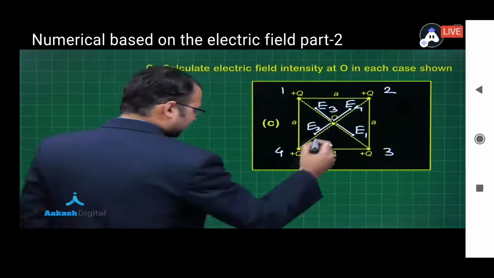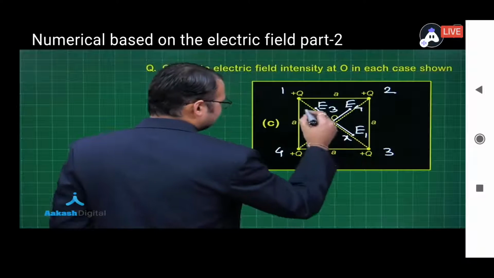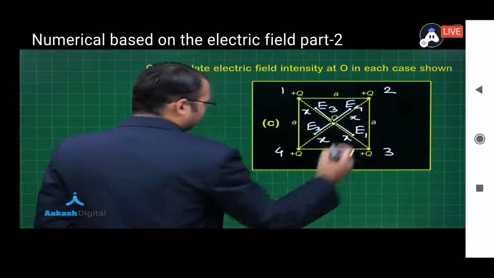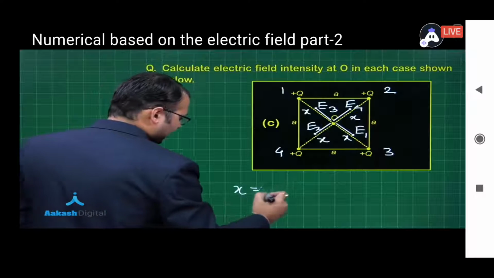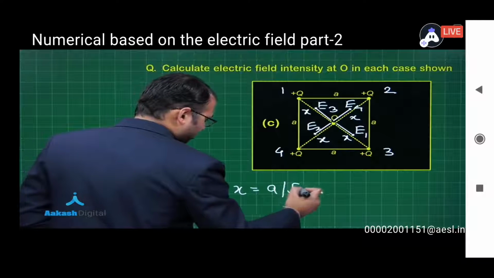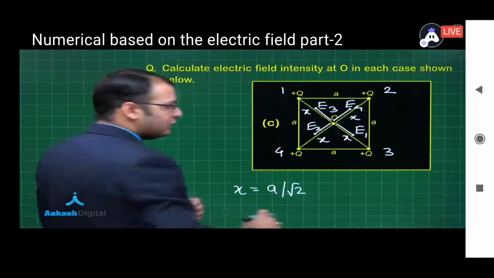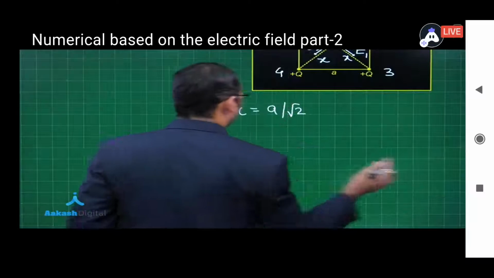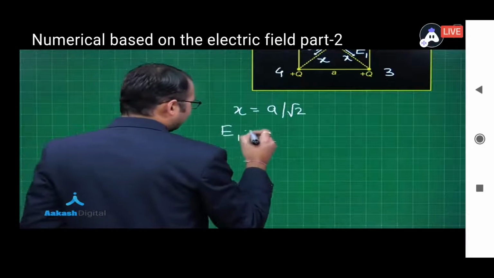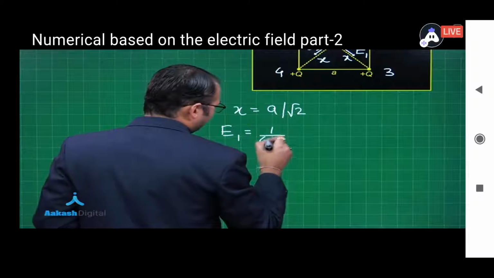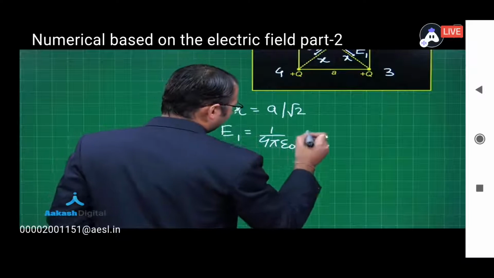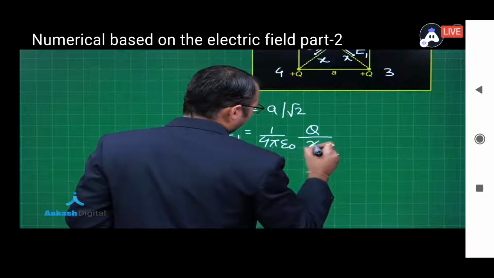And I tell you one thing, that this distance would be x, that is this half of the diagonal. What would be the value of x? That would be a upon root 2. So when you want to find the value of E1, E2, E3, E4, let's write it for E1. It would be 1 upon 4 pi epsilon naught Q upon x square.